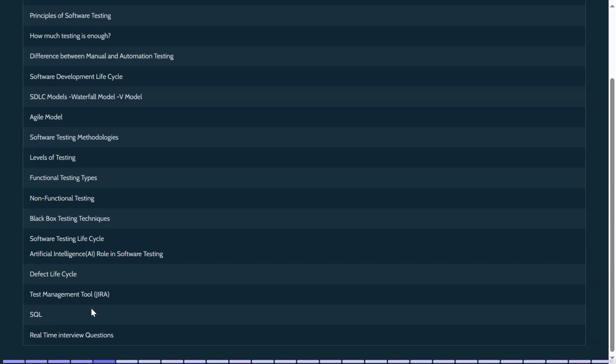Okay. And API testing will be covered in other sessions, and even JMeter and CI/CD integration using Jenkins, etc.